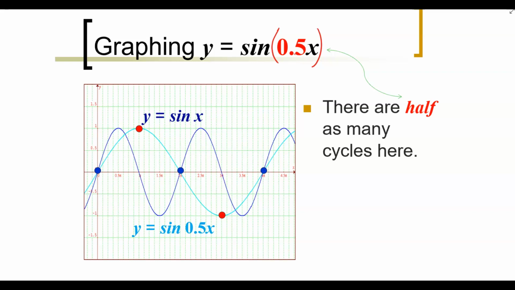So you will see, and this has been done in radians, but we can convert to degrees if we want. Our 180 is here. There's our 360. And so that blue line is y equals sine x without any change, and the light blue line is y equals sine 0.5x.